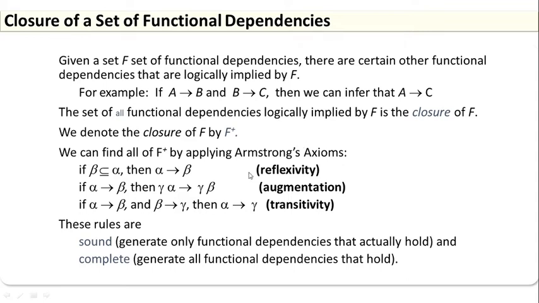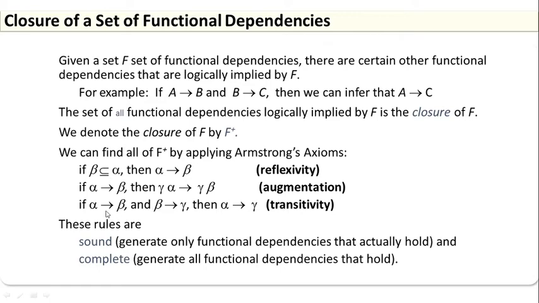For example, if you consider alpha and beta, and beta is a subset of alpha, then alpha determines beta, of course. Then if alpha determines beta, then any constant gamma into alpha, gamma into beta can be determined. That is called augmentation.